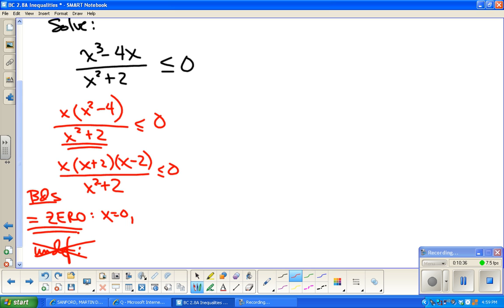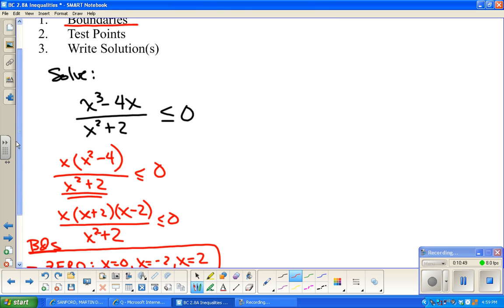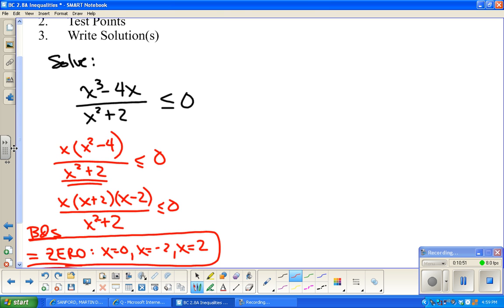So at x equals 0, x equals -2, x equals 2, those are all going to be boundaries. So those are the values that are going to go on my sign chart to start with. So 0, -2, and 2. Now, if you haven't already gone ahead of me, this is another good spot to stop. Build the sign chart from this yourself, and then you can check it.